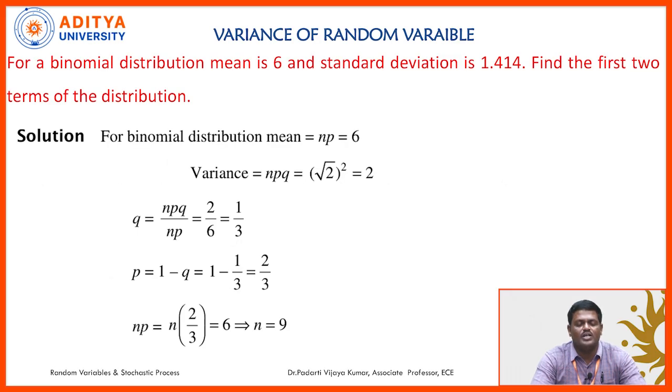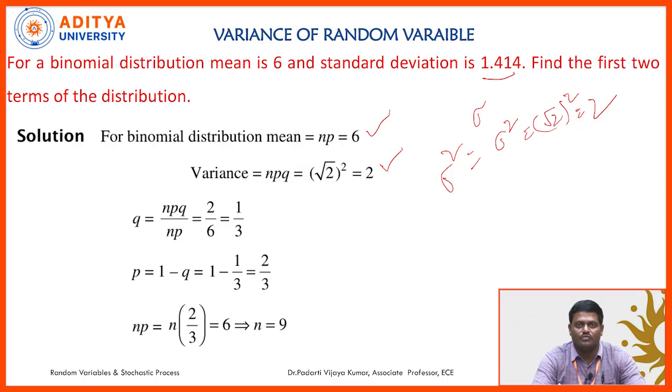Next, for a binomial distribution, the mean is 6 and the standard deviation is 1.414. Find the first two terms of the distribution. We know that for a binomial distribution, np is equal to the mean and variance npq is equal to 2. Given the standard deviation, variance is equal to standard deviation whole square, that is root 2 whole square, which is equal to 2.